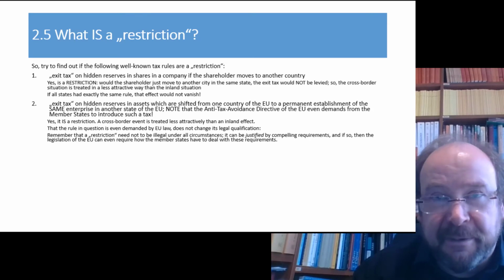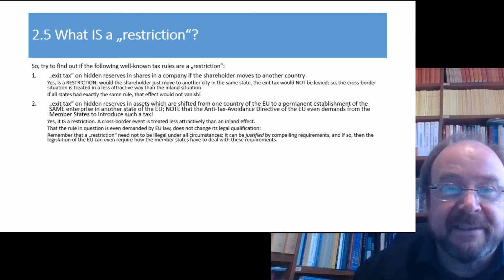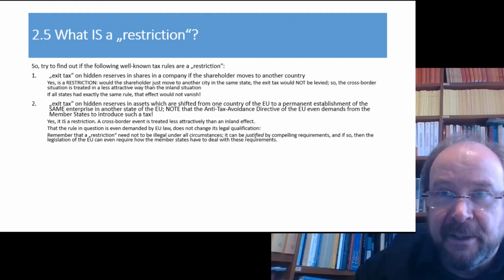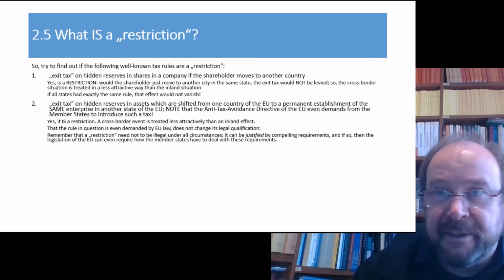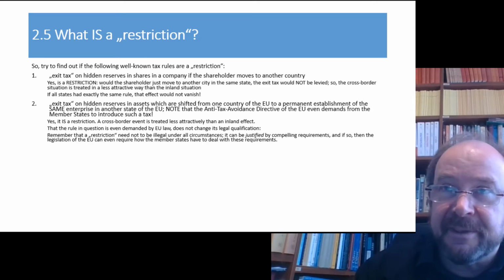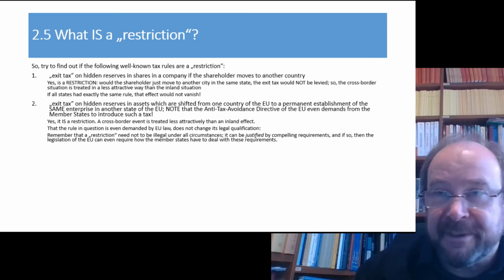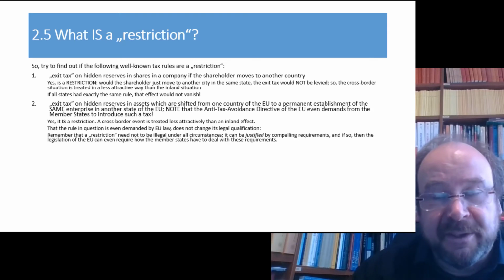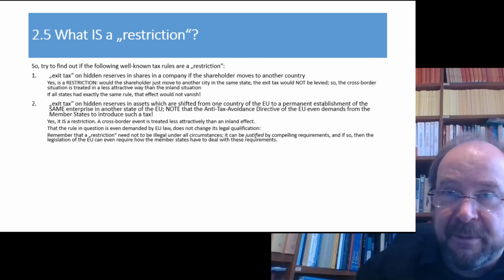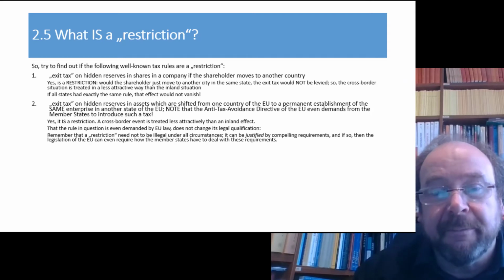Is this also covered by one of the fundamental freedoms? Yes, sending goods to another state would be the free movement of goods. Doing business and therefore transferring goods to a permanent establishment of yourself in another country would also be covered additionally by the freedom of establishment, and so on.